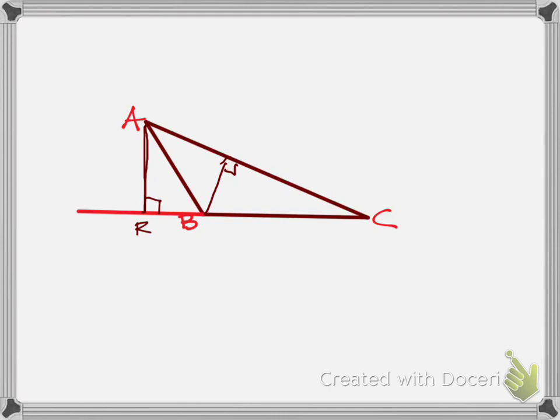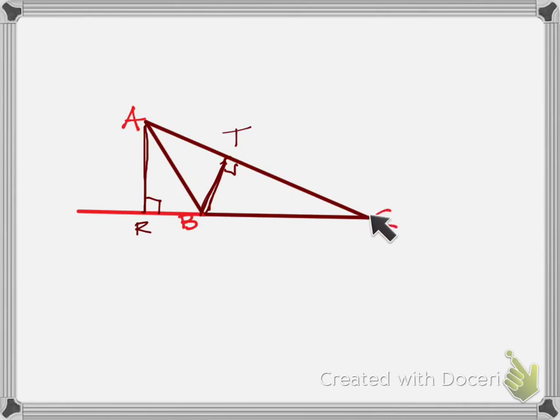So that altitude might be there, and we could call that point T. Then segment BT would be an altitude. And then if I wanted the altitude from C, if I come back this direction, then I won't be at a right angle.